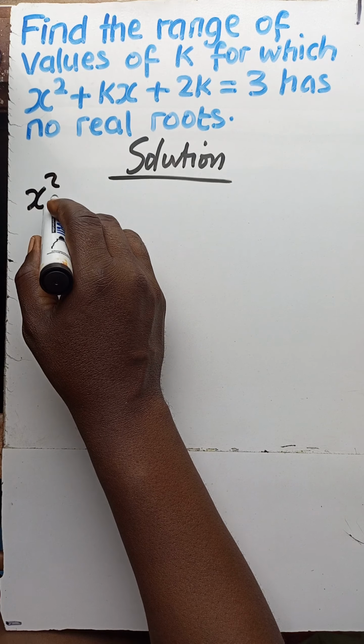Now we know our b, so that means k squared, b is k, minus 4 into a into c must be negative. Let's open this parenthesis. We have k squared, negative 4 multiplied to 2, negative 8k. Negative 4 multiplied to negative 3, positive 12, is less than 0 or negative.